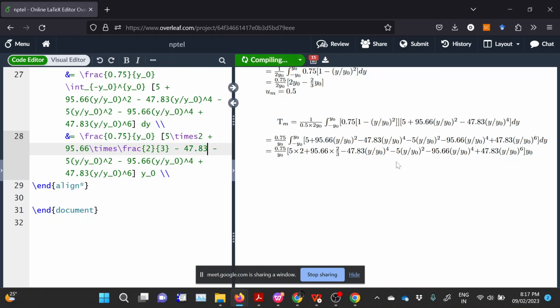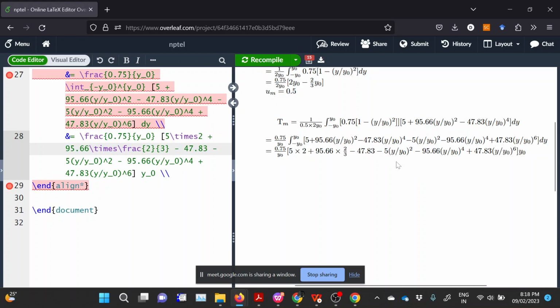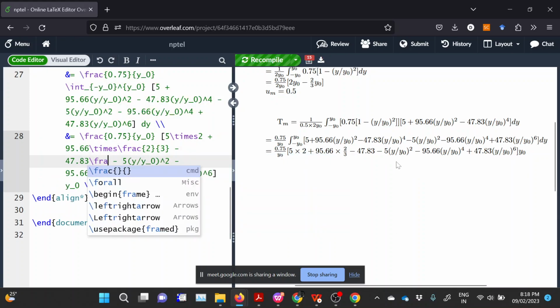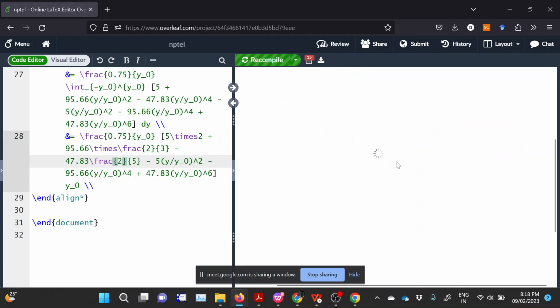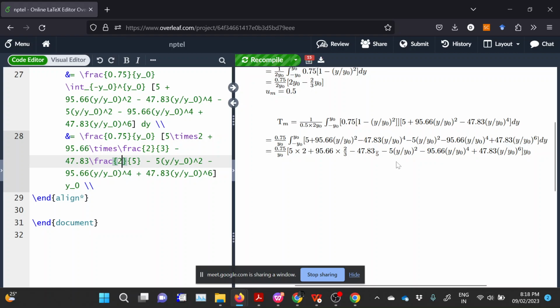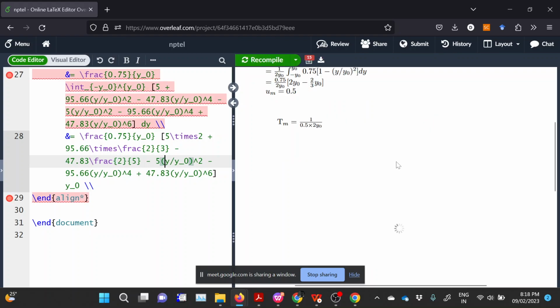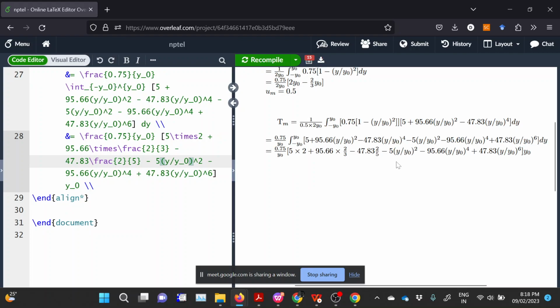Oh, okay, wait. Shouldn't this be 0? No, okay. So we have 2 by 5. Then this term, this is again a square term, which becomes cubed. And so this will be a fraction of 2 by 3.